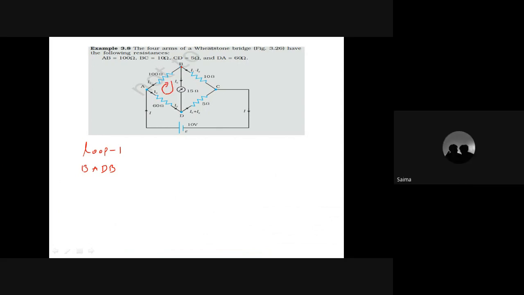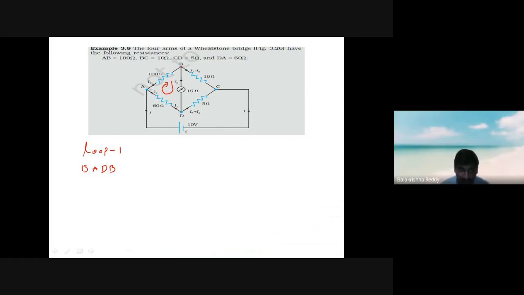Right. So now, from this loop, let us say it starts from B. How can we take the equation in the loop with respect to B, D, A, B?